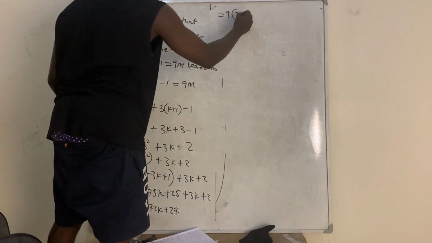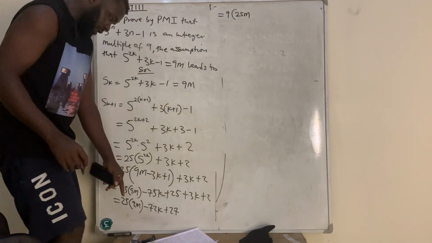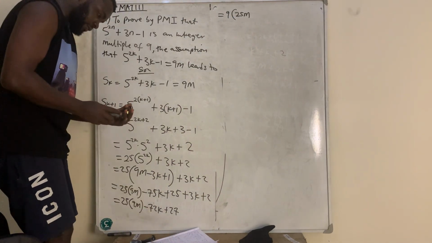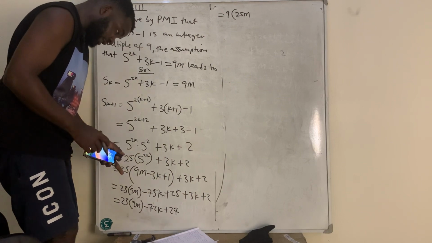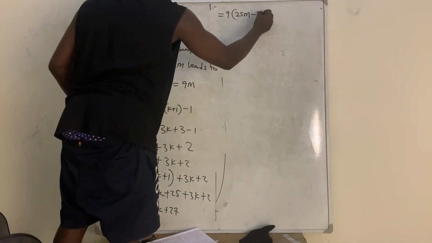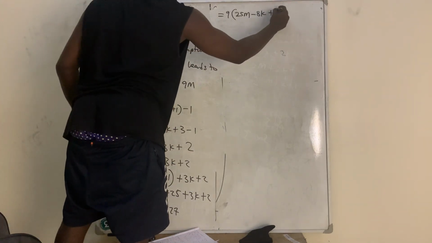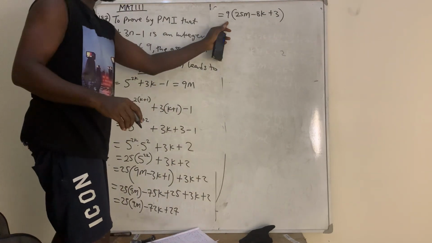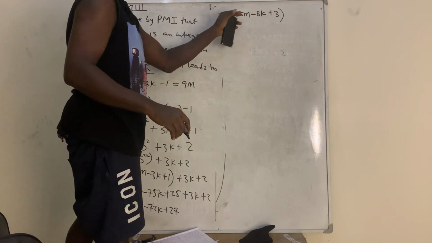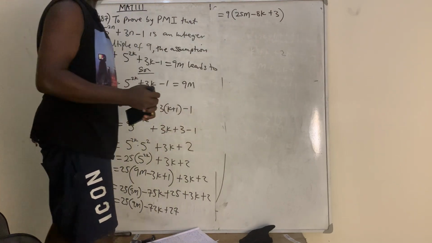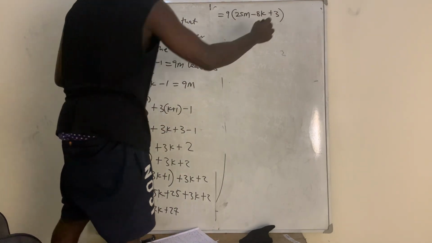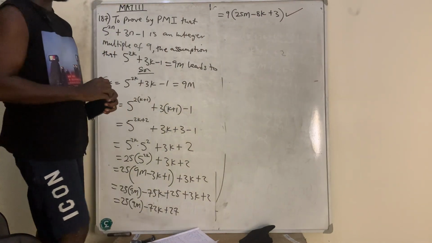Now, if you bring out 9 here, you are left with 8k, so minus 8k. If you bring out 9 here, you are left with 3, so plus 3. You see that this is 9 times something. So 9 times something means that it is a multiple of 9. So it is proved. So this is the thing they are asking you.